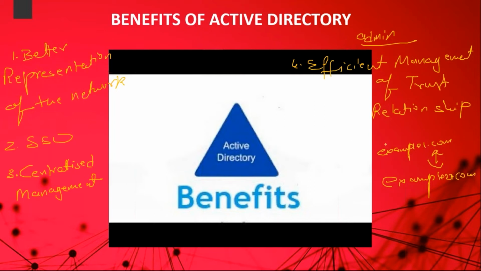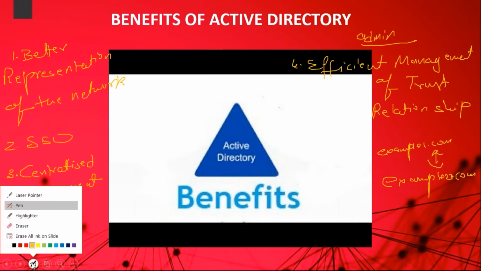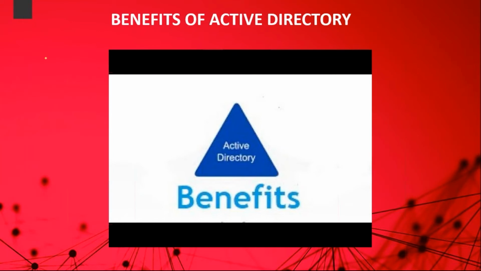So let's say we have example1.com, so let me rewrite this, and we have abc.com and def.com, right? So we have these two domains. This is trusted, and this is trusting.